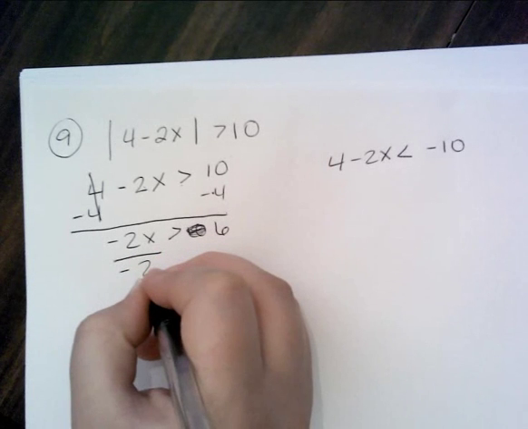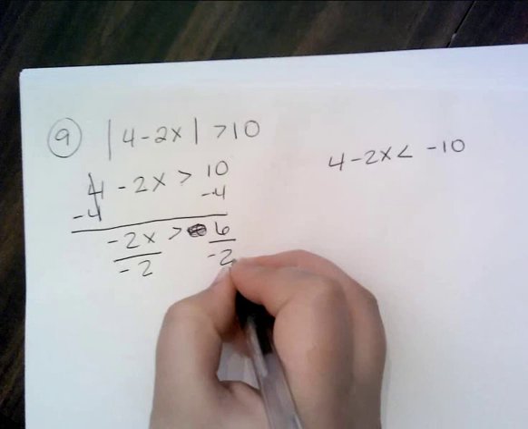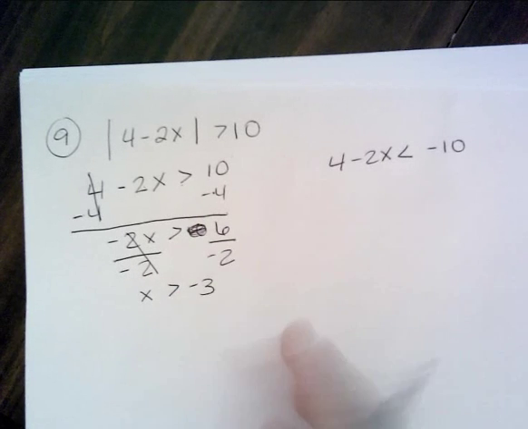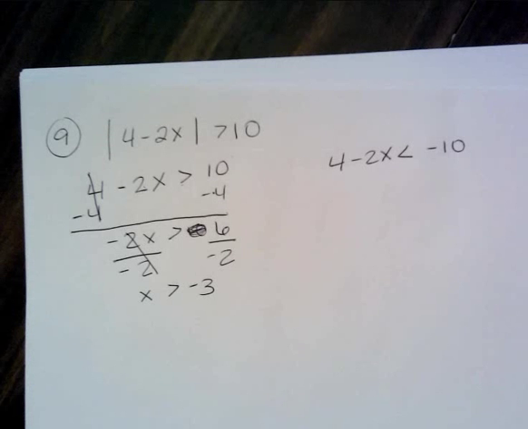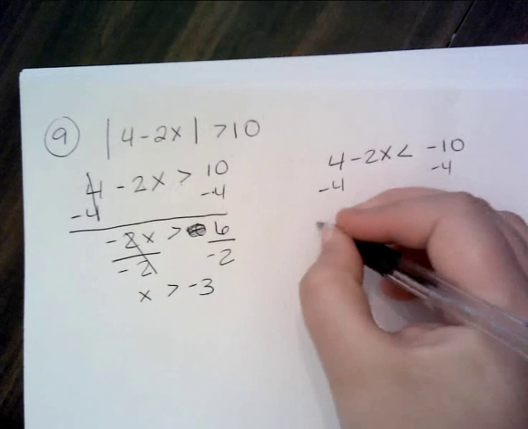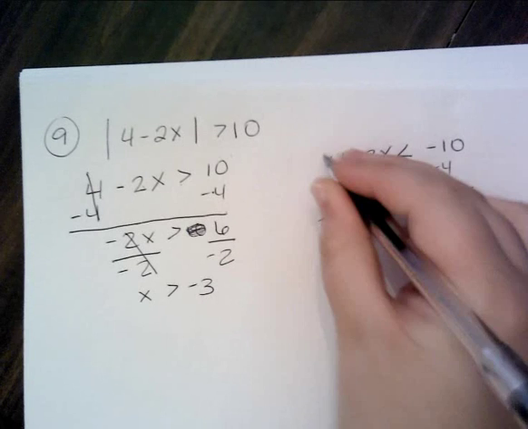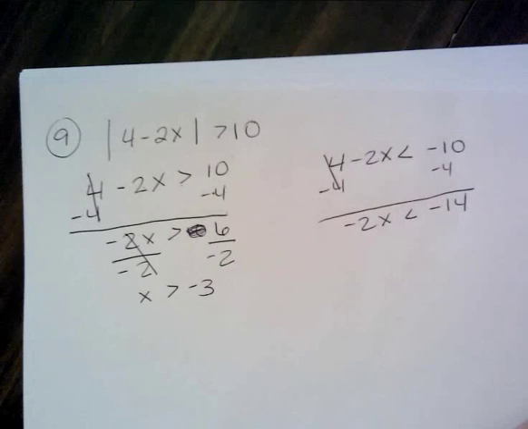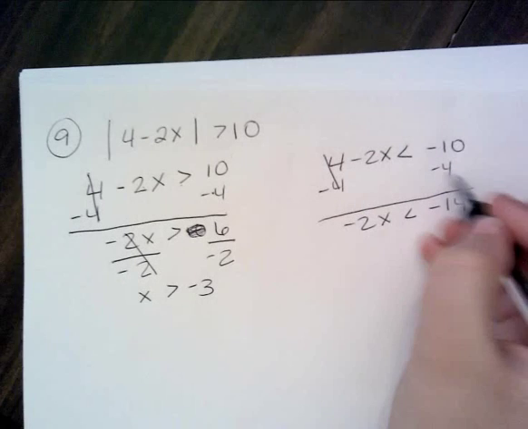So now we're going to subtract 4 from both sides, which gives me negative 2x is less than negative 14, because negative 10 minus 4 is negative 14. And then divide both sides by negative 2 to get x is greater than 7. Hopefully you noticed that you were dividing by a negative.